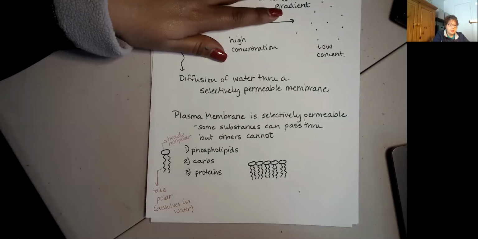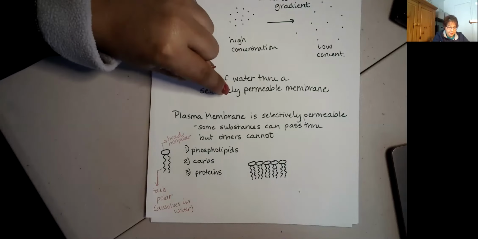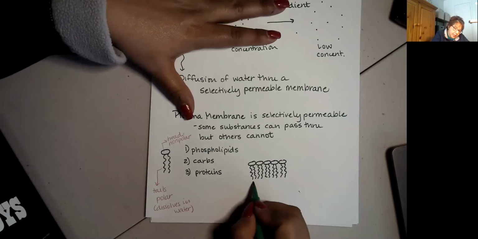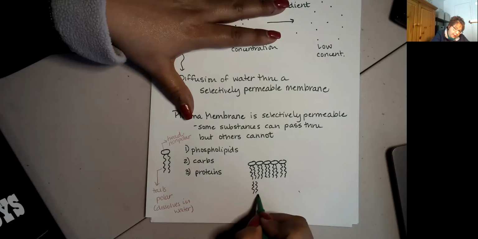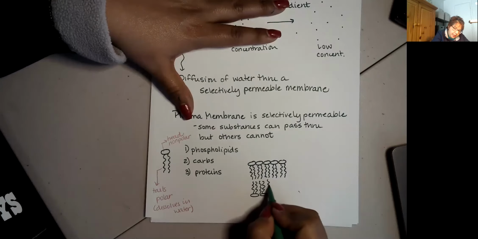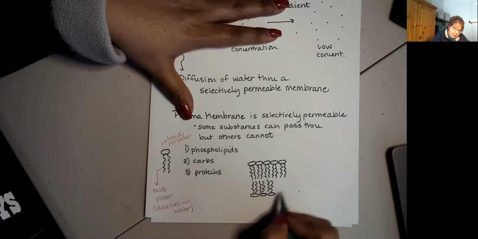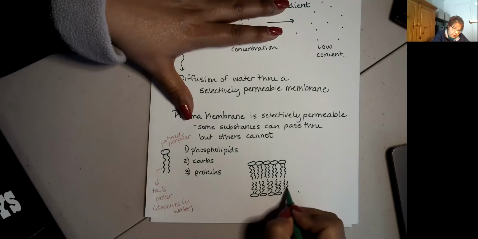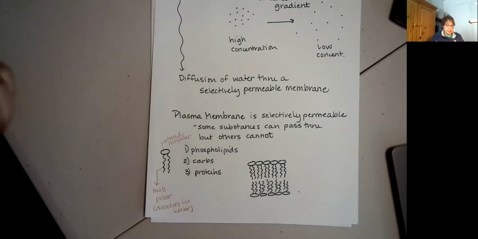Then Mother Nature took a second layer of phospholipids and put it back to back with the first layer. Again, the heads are oriented so that they dissolve into each other, and the tails are oriented so that they dissolve into each other.